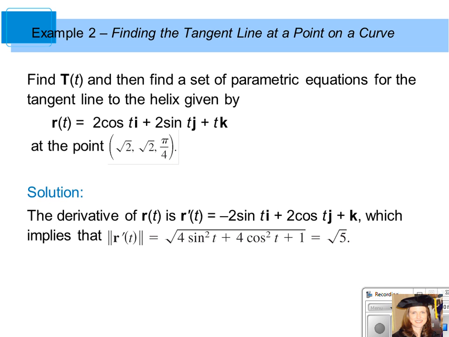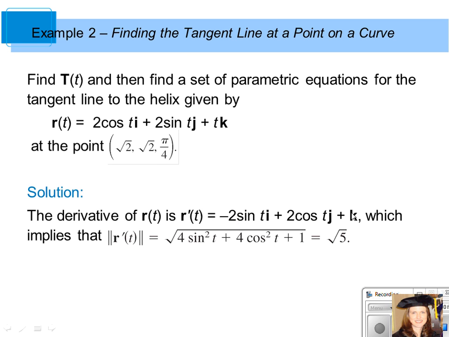So to find the unit tangent vector, we need to find r prime. The derivative of 2 cosine t is negative 2 sine t. The derivative of 2 sine t is 2 cosine t, and the derivative of t is 1. So you take the derivative of each of the components. That's our r prime of t. You want to take the magnitude of r prime of t.